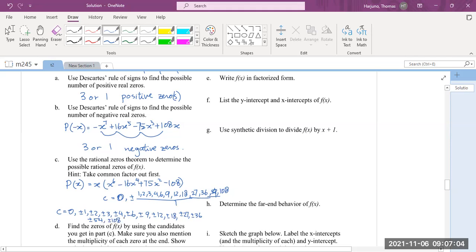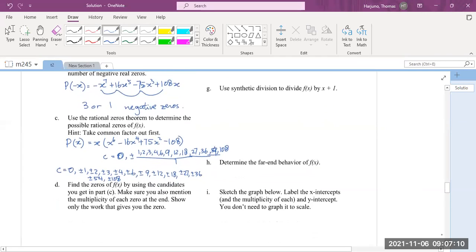Oh, that's a lot, huh? But the nice thing is we already factored x out. So 0 is a zero, right? From here we only deal with x to the 6th minus 16x to the 4th plus 75x squared minus 108.